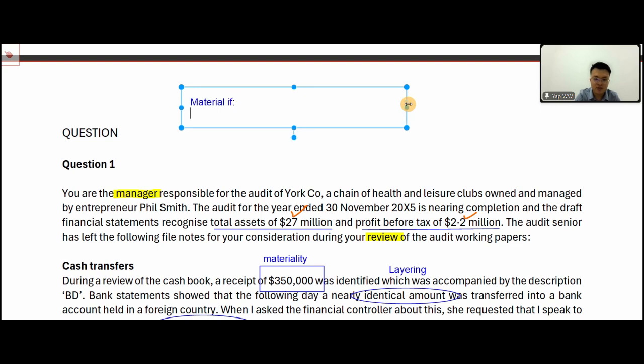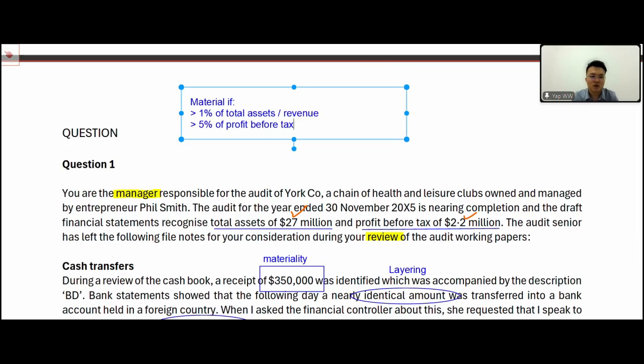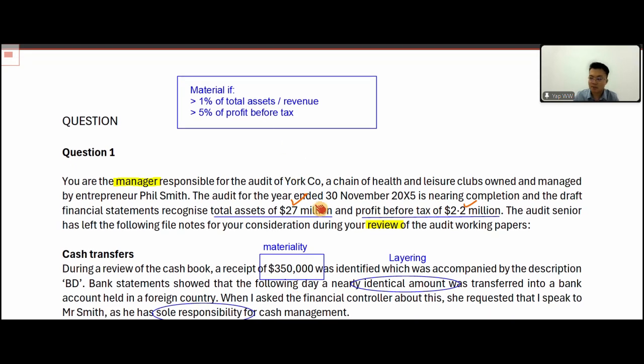Material if it is greater than 1% of total assets or revenue, or greater than 5% of profit before tax. So you will use this benchmark for materiality calculations. In that case, it is greater than 1% of total assets and 15.9% for profit before tax. Definitely the amount of 350,000 is material.